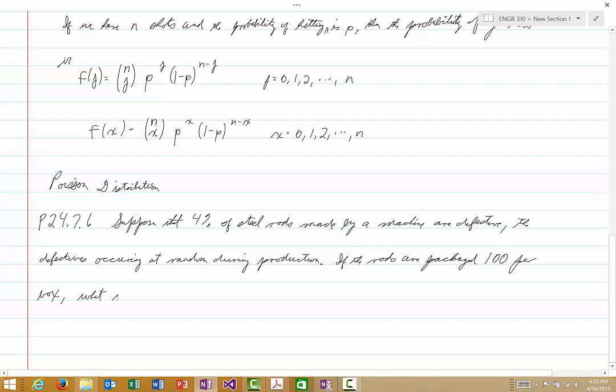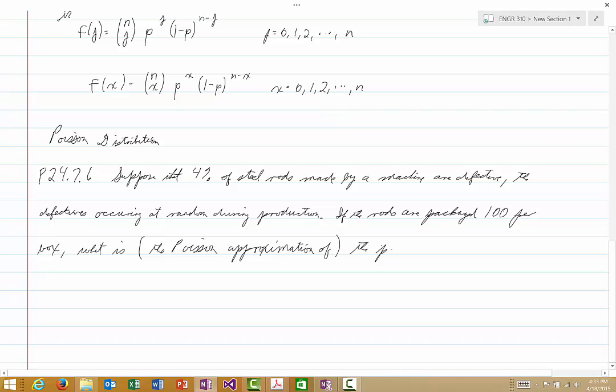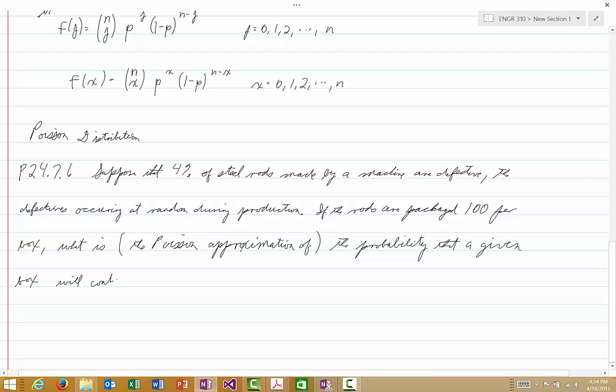What is, and then I'm going to put in parentheses, the Poisson approximation of, and then I'll close the parentheses and say the probability that a given box will contain zero, 1, ... 5 defectives.